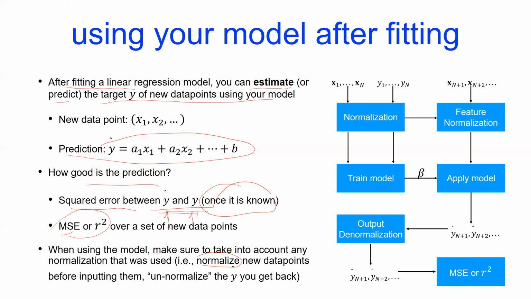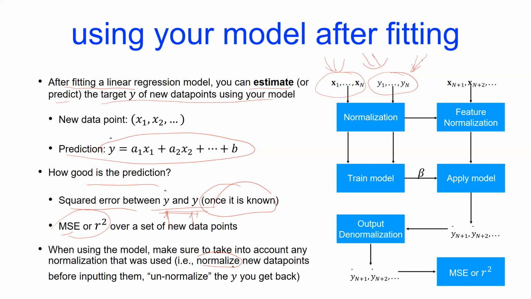There's one thing I want to point out in this picture. We normalize both the input features and the target value. In my understanding, the latter can be optional. We typically normalize the features, and normalizing Y is optional.